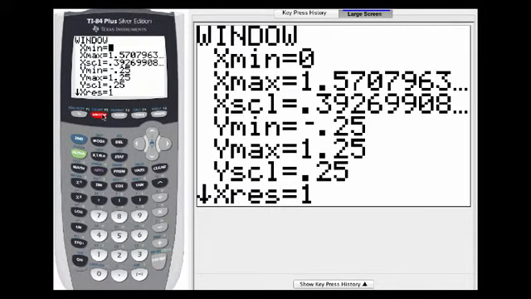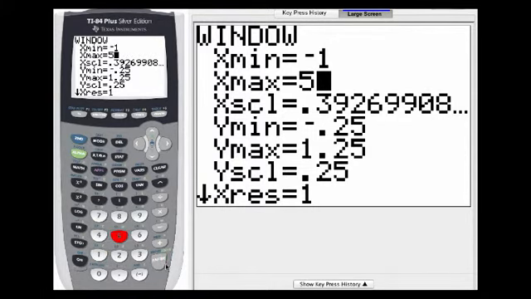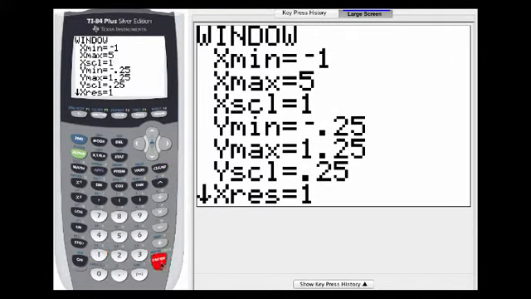If you go under window, we're going to do a window of -1 to +5, and we can just do 1 for our scale. Make it easy. And our y's, we're going to do -2 to +10, and we'll do 1 for a scale of that one also.